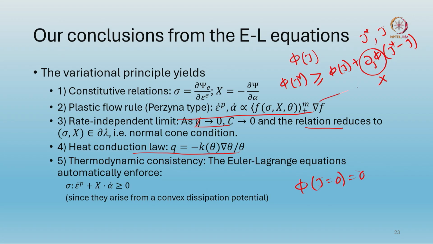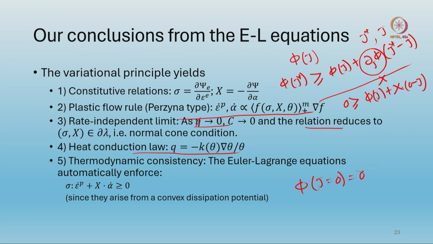Now in this inequality, you take j star equal to 0, then what happens? We get 0 greater than or equal to phi of j, since phi 0 is 0, plus this thermodynamic force x times 0 minus j, and 0 minus j is minus j.